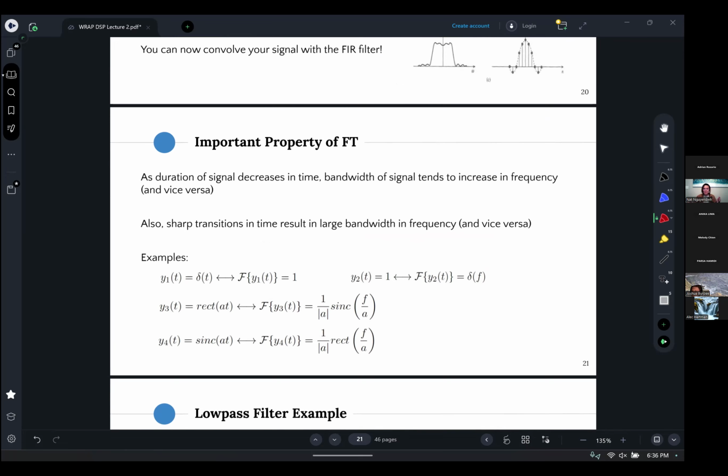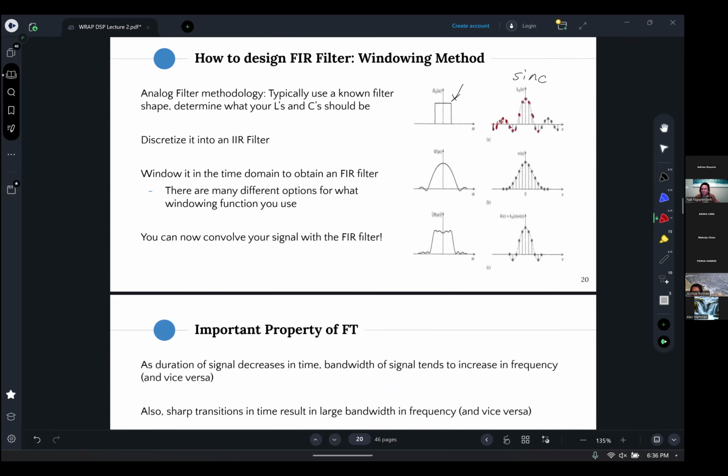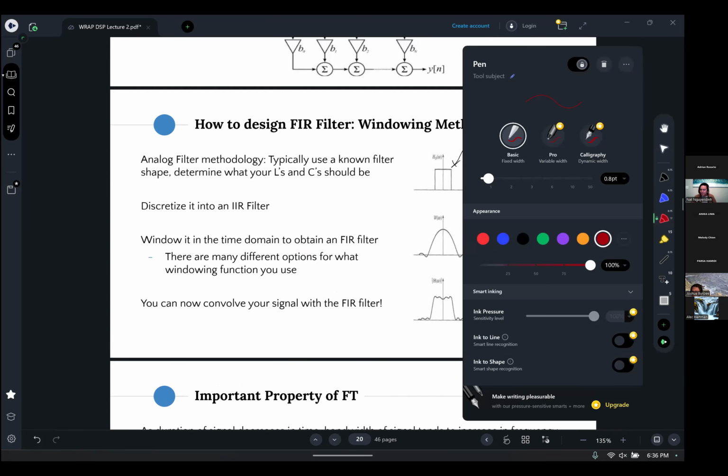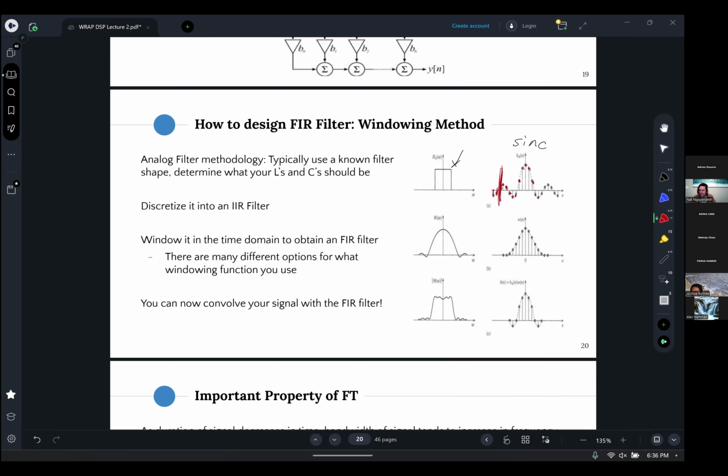So I bring that up because if we cut our filter off here, that is going to make this frequency response spread across more frequencies because our time domain impulse response is sharper. Versus if we let this go on very long, the longer our impulse response goes, the closer it's going to look like the ideal low pass filter.